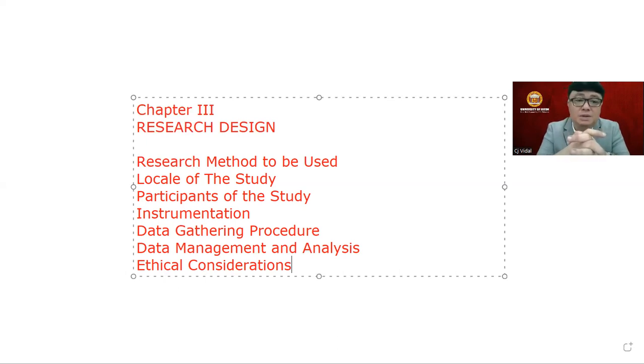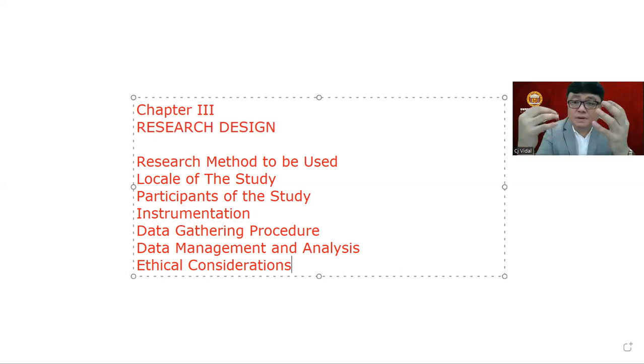We have research method to be used. Why to be used? Because if we talk about proposal, we have it based on the first three chapters of the report, that will include chapter 1, the problem and its background; 2, review of related literature and studies; and number 3, research design. So please have the tense of the verbs that you use in the report in present or future tense.